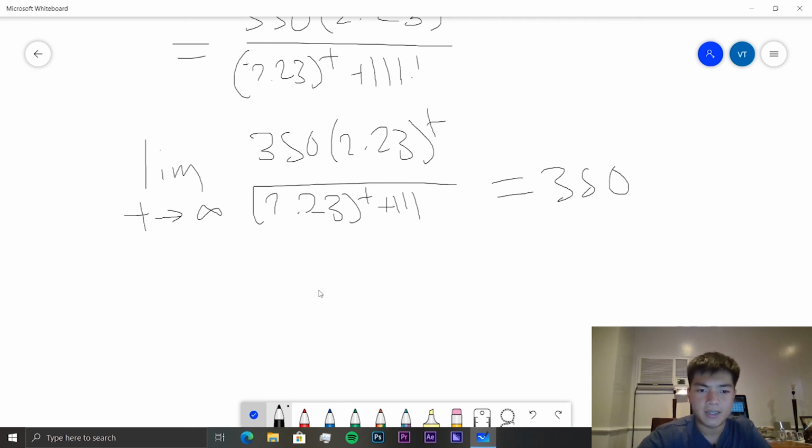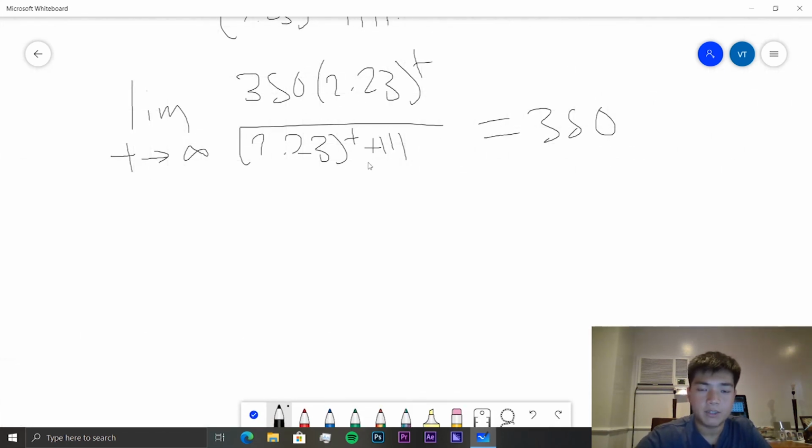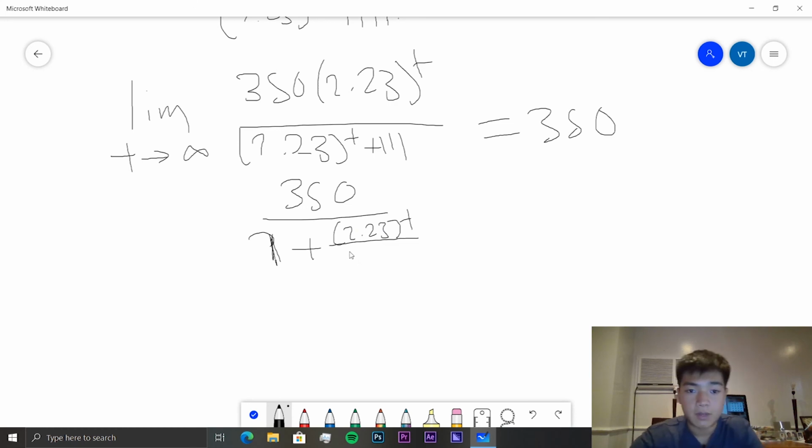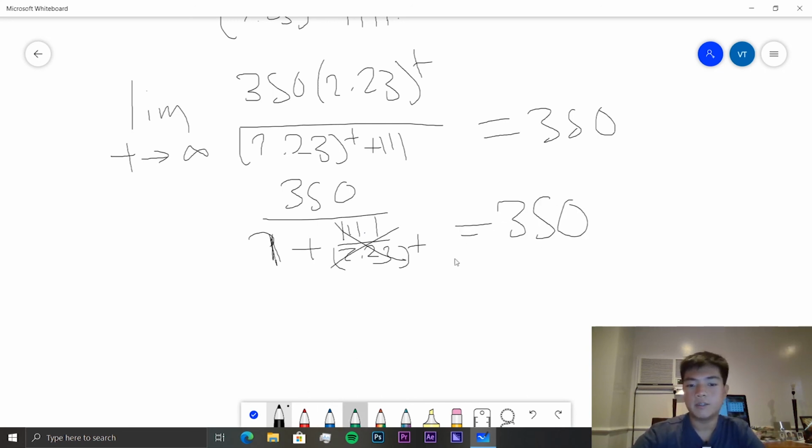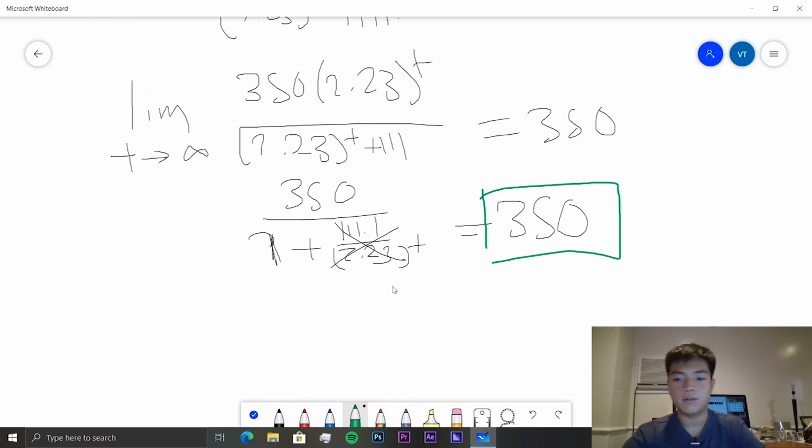Because if we divide everything by 2.23^t, we get 350 over 1 plus, sorry, I mean 111 over 2.23^t. And so as t tends to infinity, this tends to 0, so this tends to 350. So 350 people will get infected in total.